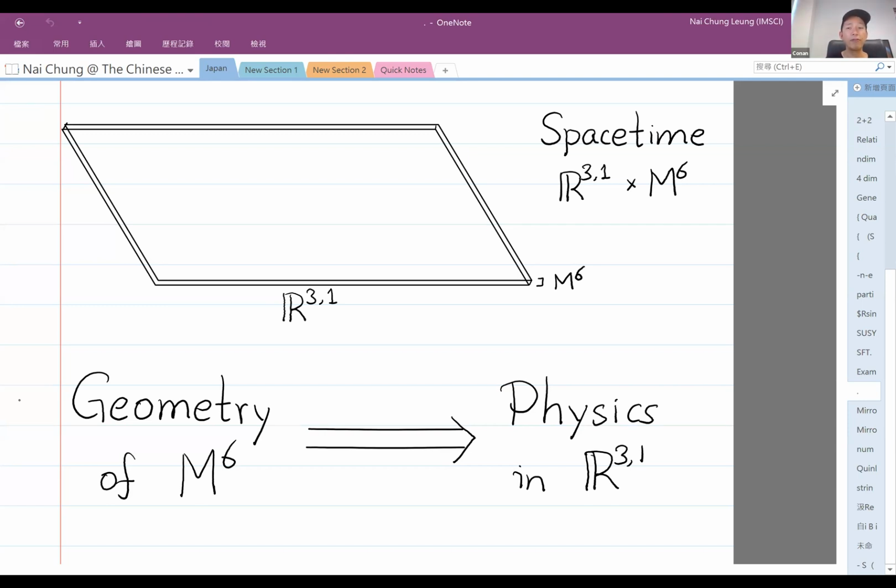It's called a Calabi-Yau threefold because it's complex 3-dimensional, real 6-dimensional, so it's called three-fold, referring to these three complex dimensions. The geometry becomes related to physics. It's really like Einstein's theory, where the geometry of curvature is related to gravitational force, but now the geometry is much more sophisticated.